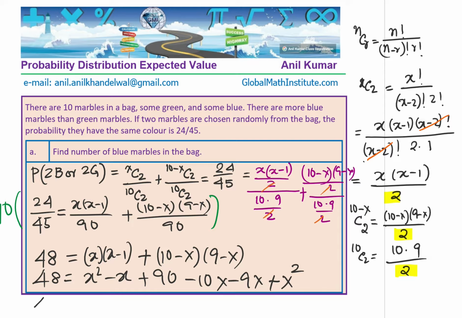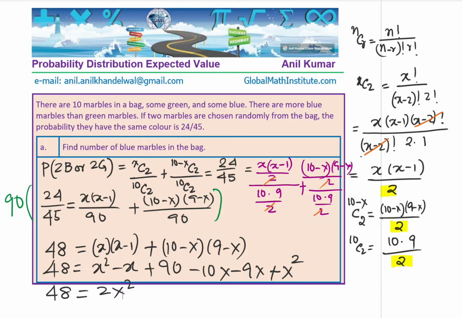Let me simplify here, and then we'll take it to the next page to solve. x squared plus x squared is 2x squared, and then we have minus x minus 10x minus 9x, which gives us minus 20x. The constant being plus 90. So 48 is equal to all that.